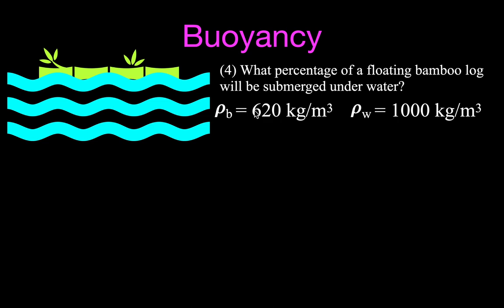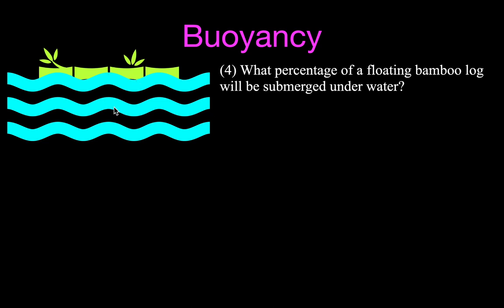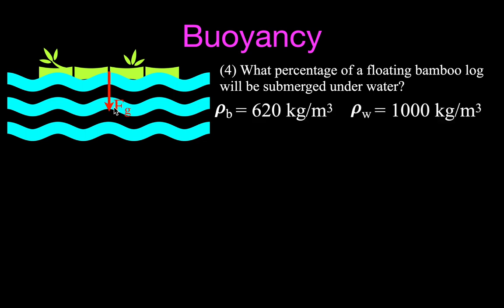If you had something that has a density of half of water, then half of it will be in the water, half of it will be above the water. But we can actually use the buoyant force to come up with the answer and see where we get that 62%. Because we know that the bamboo has a force of gravity acting on it, and if that object is floating, then we know the buoyant force is equal.